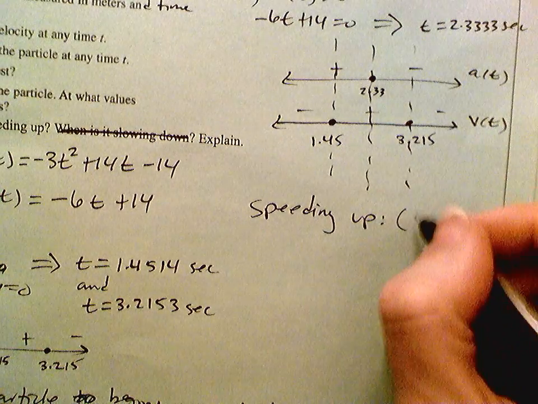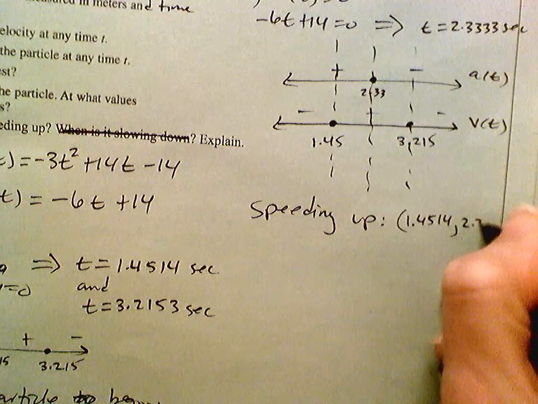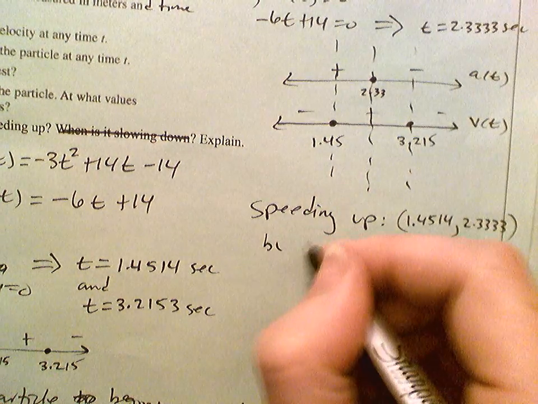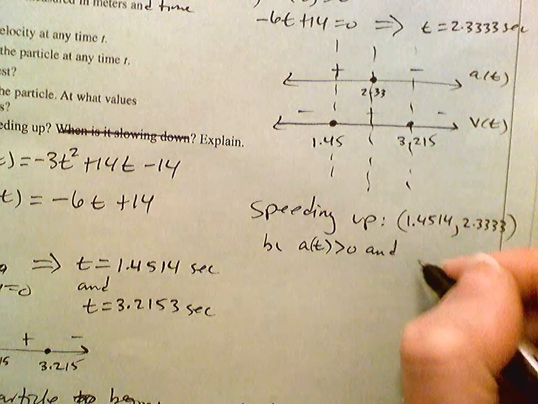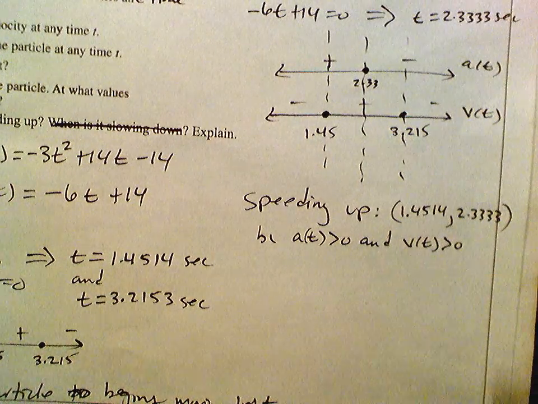and I'll just say the first interval, 1.4514, comma, 2.3333, because a of t is greater than 0 and v of t is greater than 0.